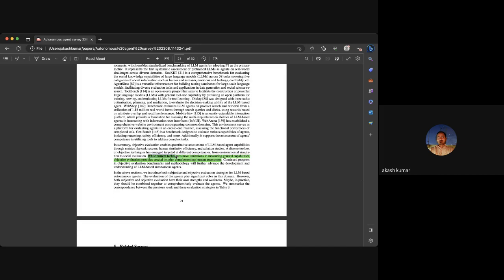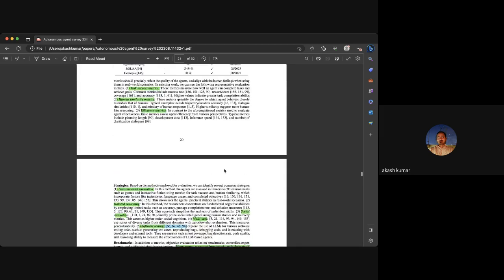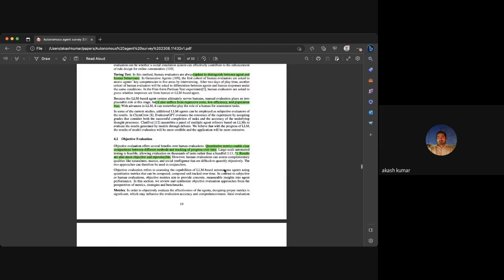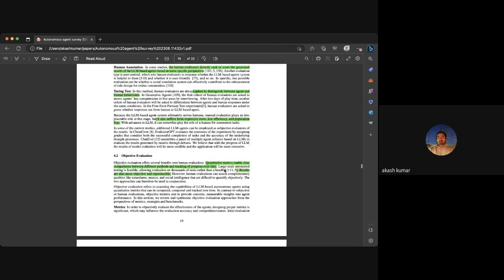While current techniques have limitations in measuring general capabilities, objective evaluation provides crucial insights complementing human assessment. Just to summarize again, there are two ways to evaluate an agent: subjective and objective.